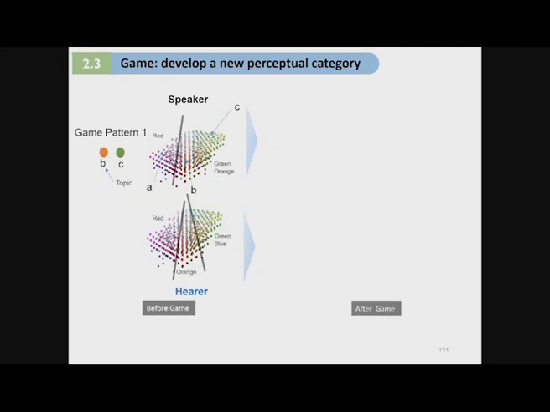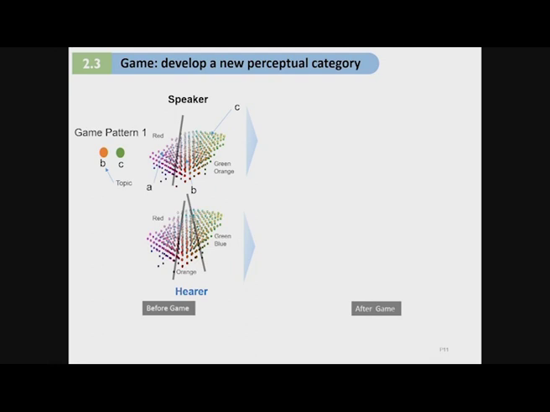So here's a brief illustration of what happens during the category game. The whole idea is very similar to the category game developed by Andrea Baronchelli, Andrea Puglisi, and Vittorio Loreto when I was a postdoc in Sapienza University of Rome, which is also similar to Luke's model.